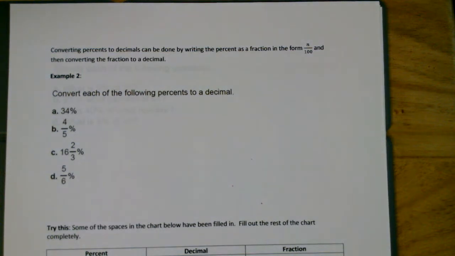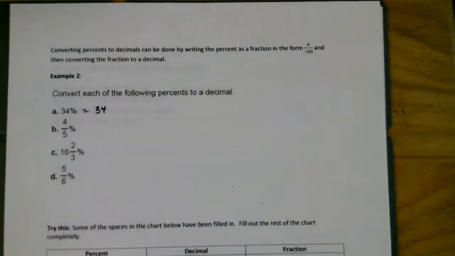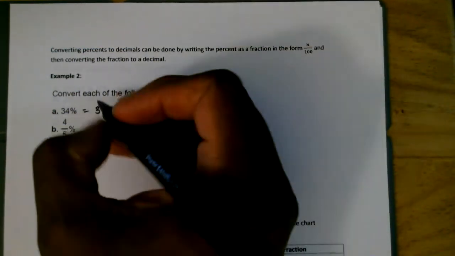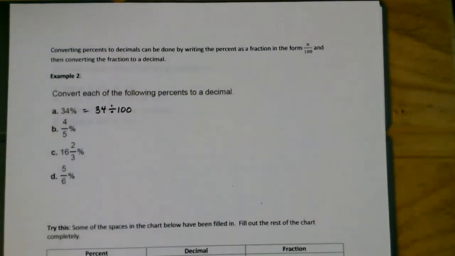All right, so in this case, it's like 34%. And I want to change 34% to a decimal. Well, I can take 34. And of course, as a decimal, we'll divide by 100 as opposed to multiplying by 100.